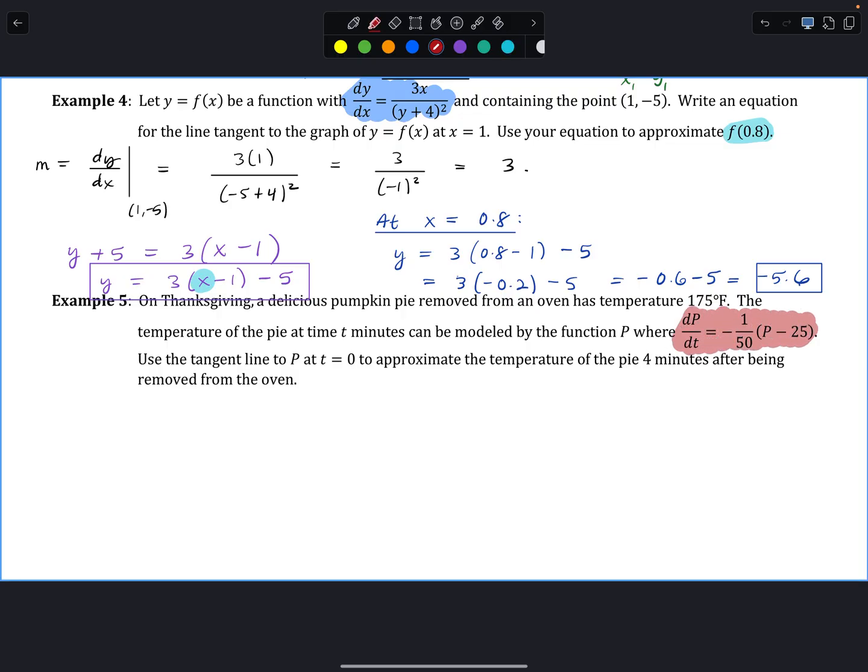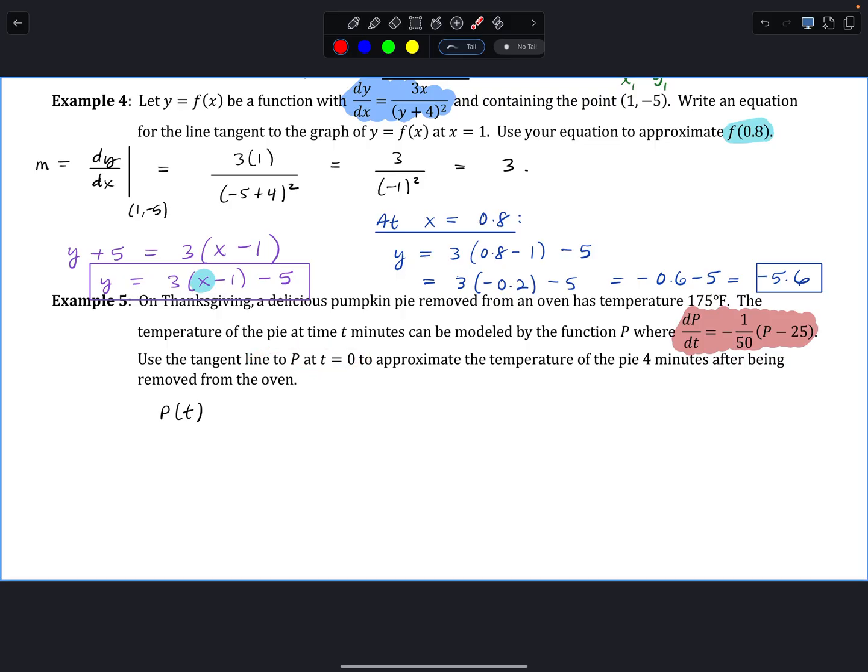So to find the slope, does it make sense I would plug in something, right? Do you guys see how it's dp dt? That means my function really is p of t. Like if I take the derivative of p with respect to time, it would be dp dt. Does that make sense? So do you guys see how we only know t equals 0? How do I know what the y value is? If we read the question, this means 0 minutes after it's been removed from the oven.